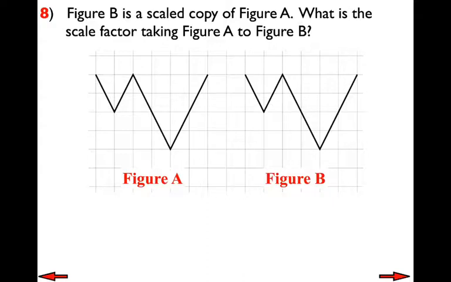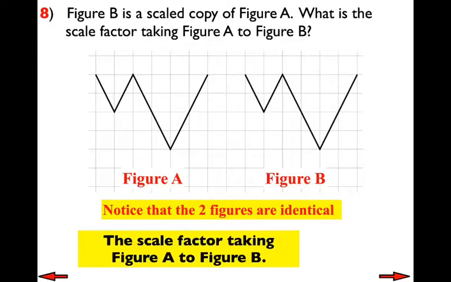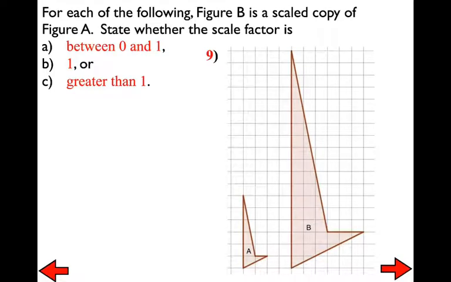Figure B is exactly the same size as figure A. And anytime that happens, when the figures are identical, that means we're taking each of these side lengths in the original figure, figure A, and multiplying by 1, and we get the side lengths in figure B. So if the shape stays the same, in other words, if the original and scaled copies are identical, the scale factor would be 1. And that leads us into our next thing.